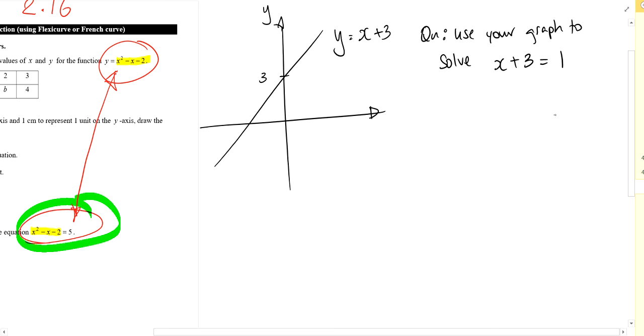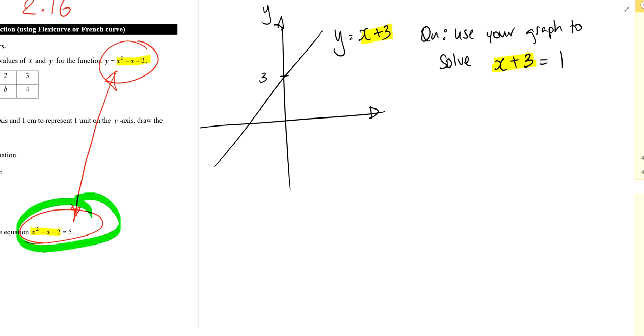Since I already have the graph of y equals x plus 3, make constant comparison with our actual question in chapter 4 part 3. We have a graph already. We are supposed to use the graph to solve an equation where there are similarities between the new equation and the current graph that we have.